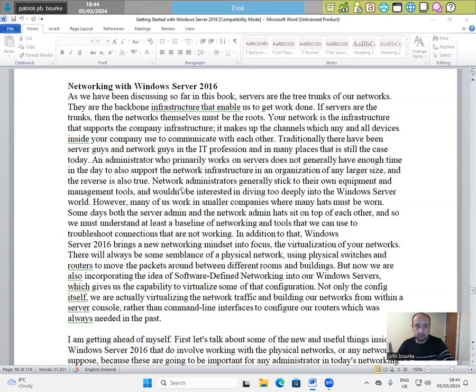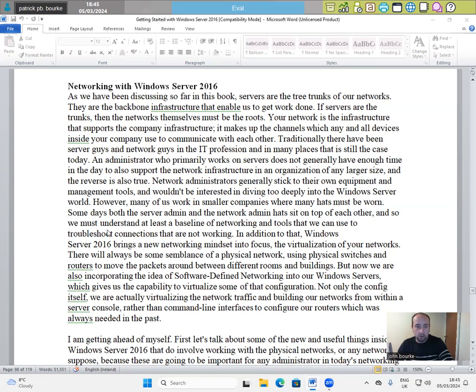And the reverse is also true. Network administrators generally stick to their own equipment and management tools and wouldn't be interested in diving too deeply into the Windows Server world. However, many of us work in smaller companies where many hats must be worn. Some days, both the server and the network admin hats sit on top of each other.